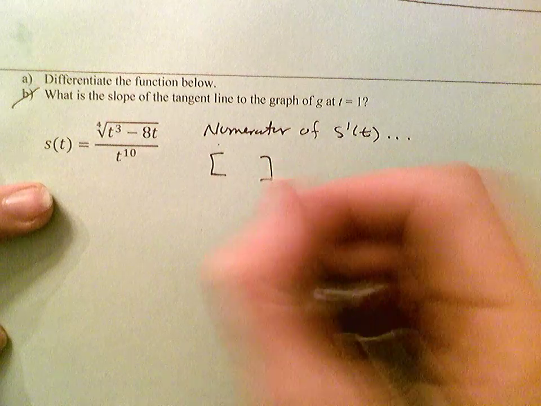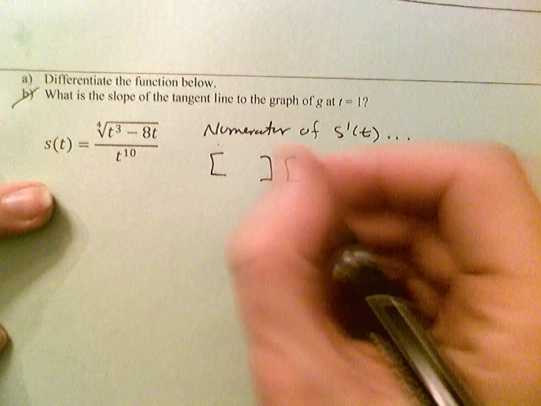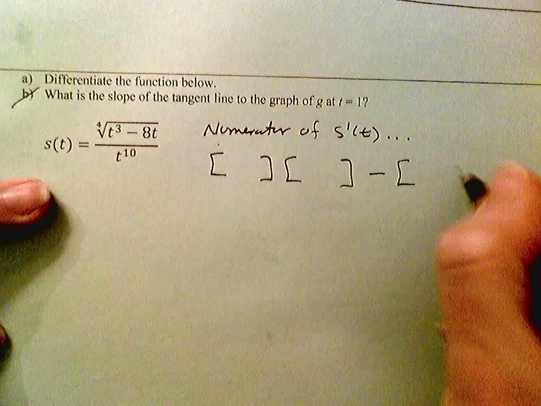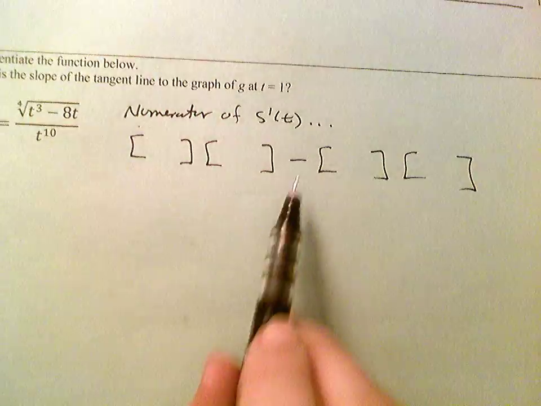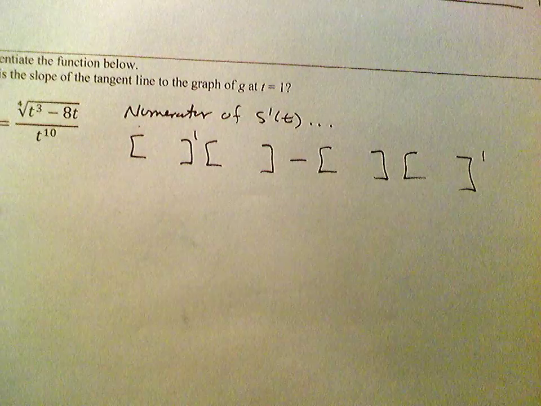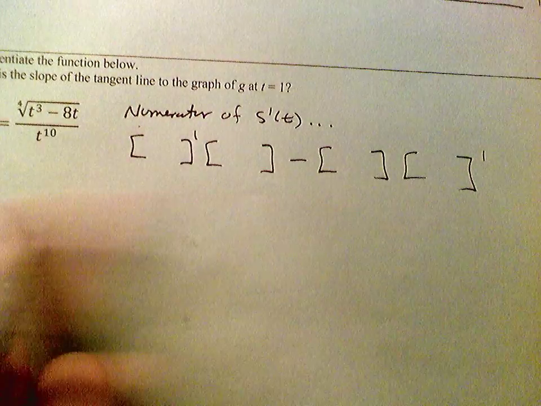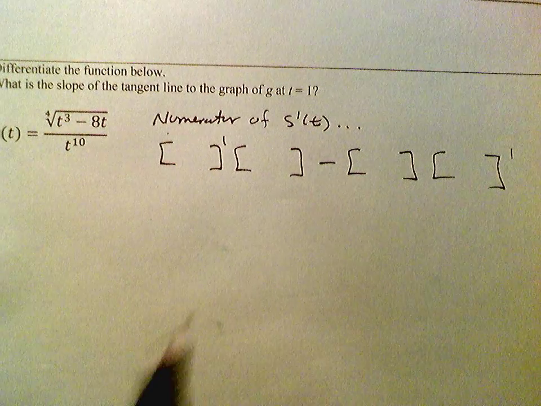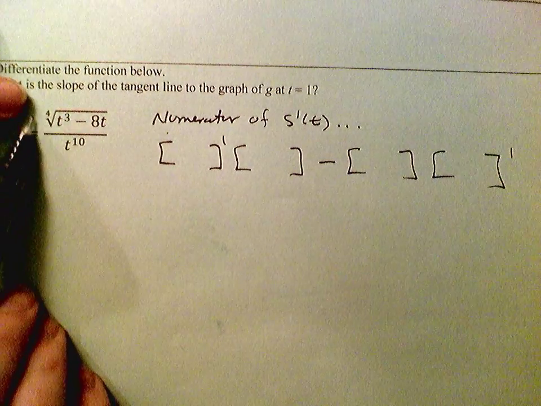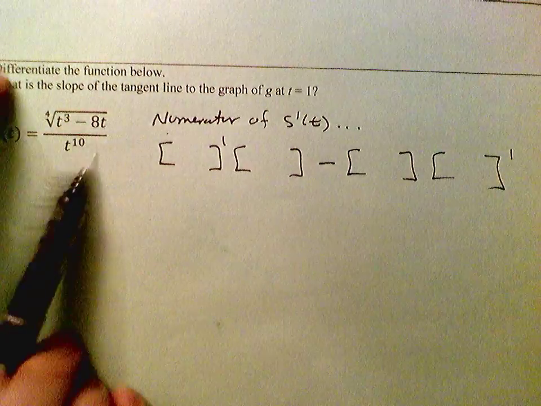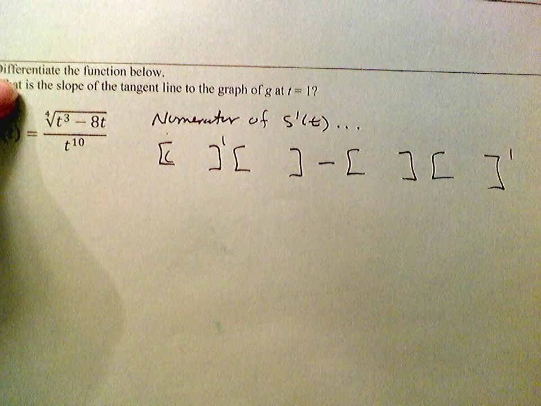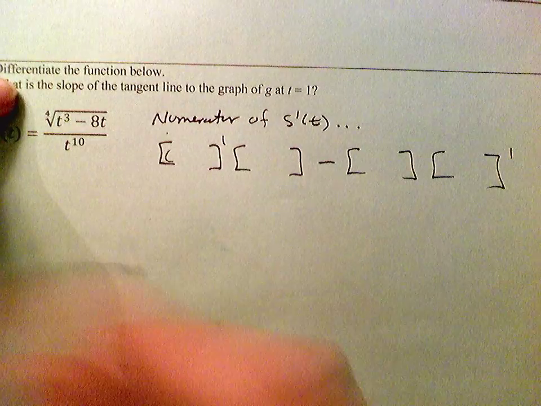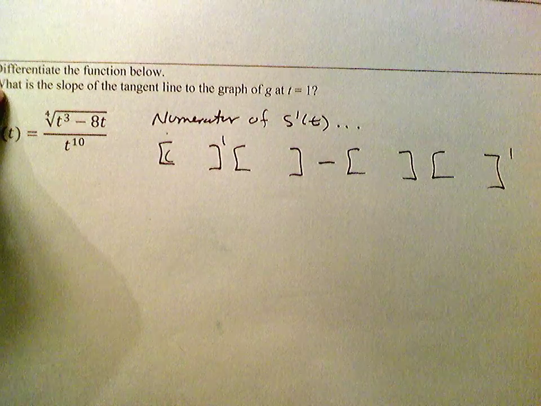The numerator that you get with the quotient rule looks very much like the product rule, except with a minus instead of a plus. Again, this is all in the end going to be over g squared. So f is the numerator of my original function. I'm going to convert the radical to exponential notation so I can use the power rule later.